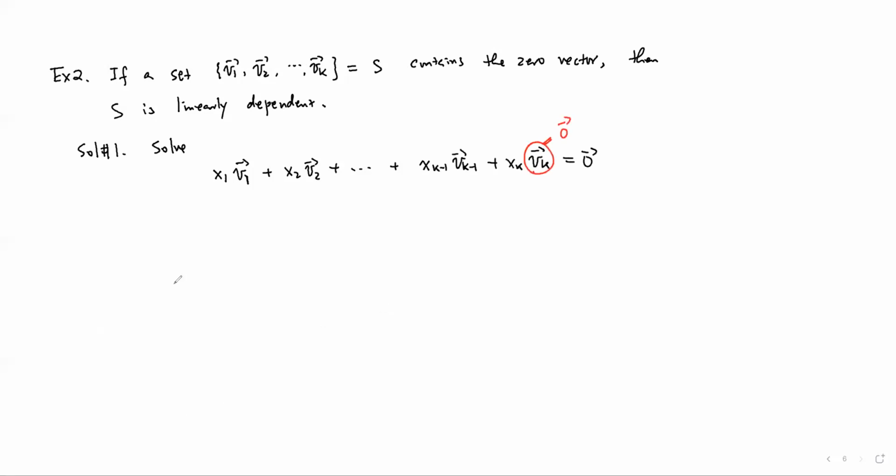Then I can find one non-trivial solution: x1 is 0, x2 is 0, and so on, x_{k-1} is 0, but I can let xk be 1.